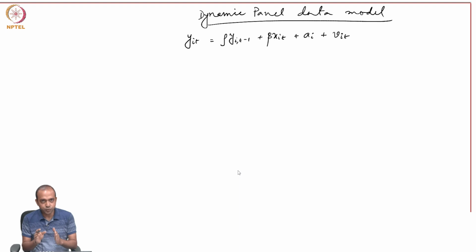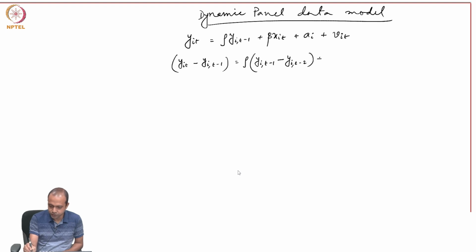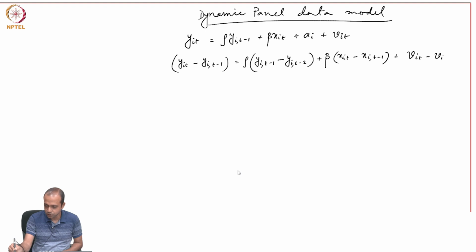And then we started with Anderson and Hsiao's approach, that was basically y_it minus y_i,t-1, taking the first difference, equals rho (y_i,t-1 minus y_i,t-2) plus beta (x_it minus x_i,t-1) plus v_it minus v_i,t-1.